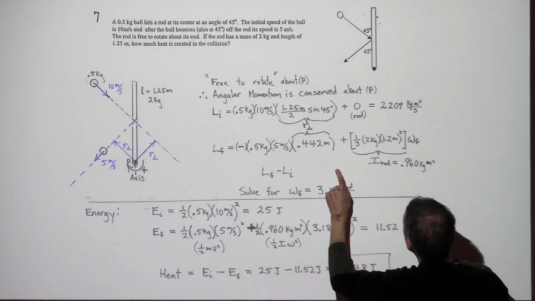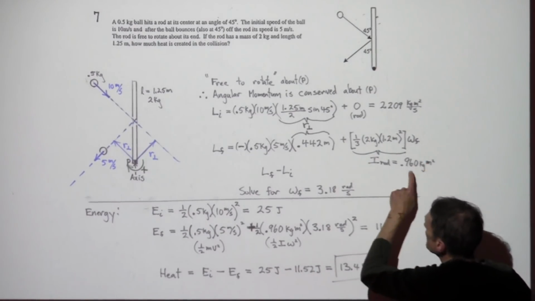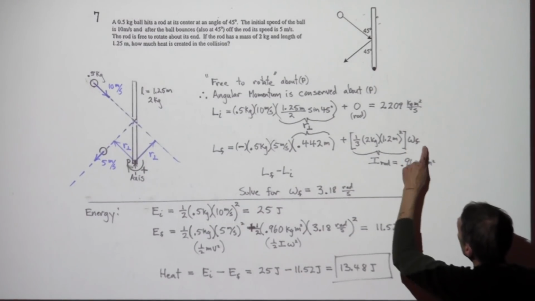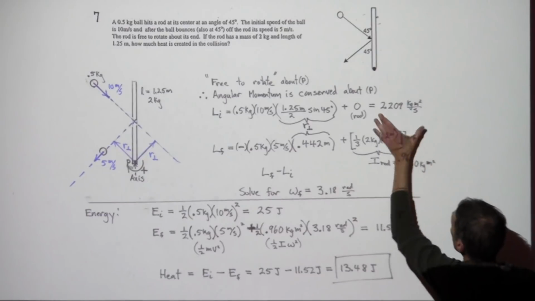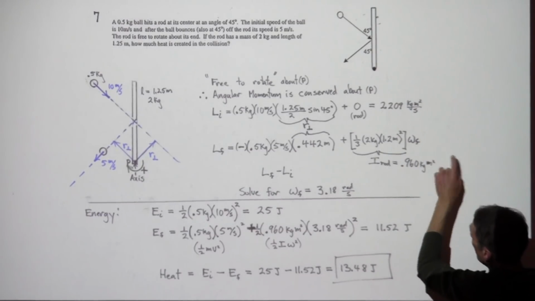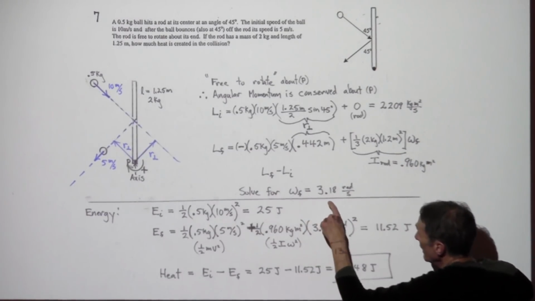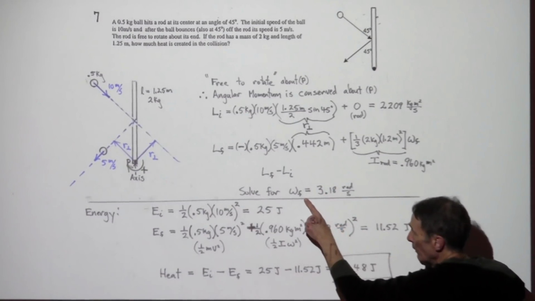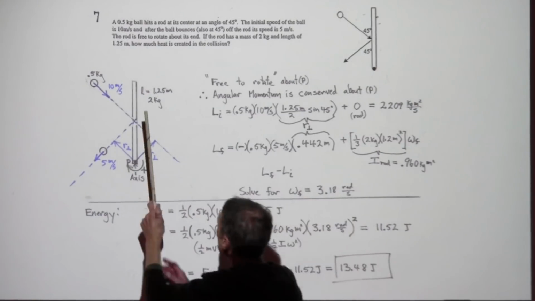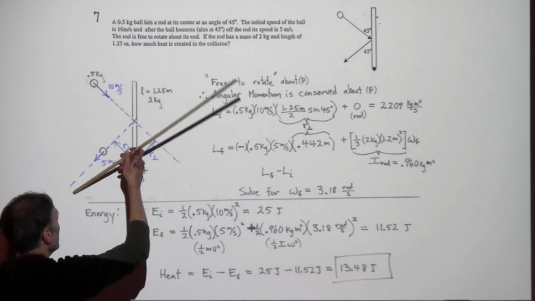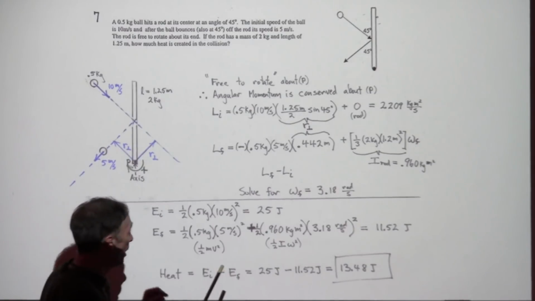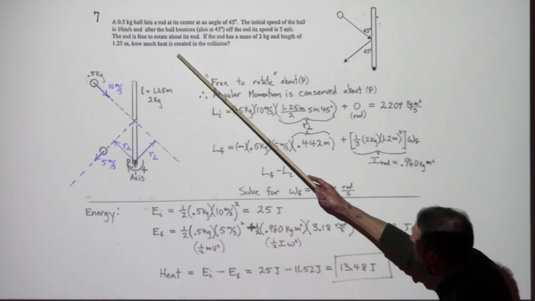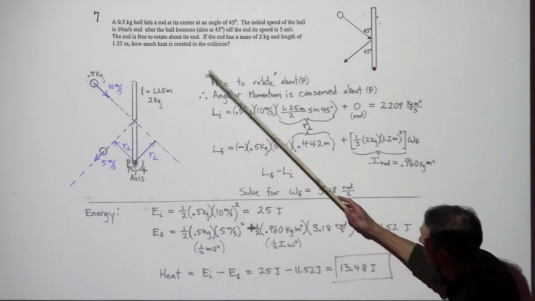We go ahead and set these two things equal, and we can solve for omega final. We've just got the one term here. This has just got the number, so when we set that equal, we can solve for omega final. I get 3.18 radians per second for omega final. So that is telling us how fast this thing is now rotating. The ball continues to go off, and so he wants to know, though, how much heat was created in the collision.